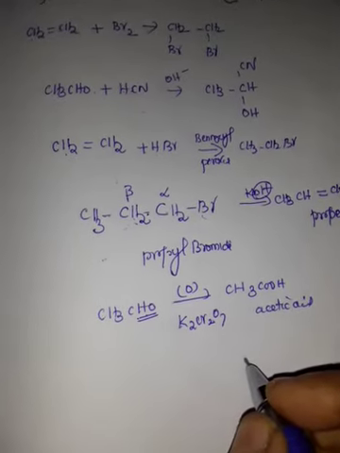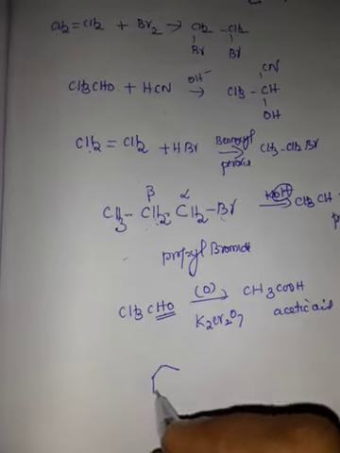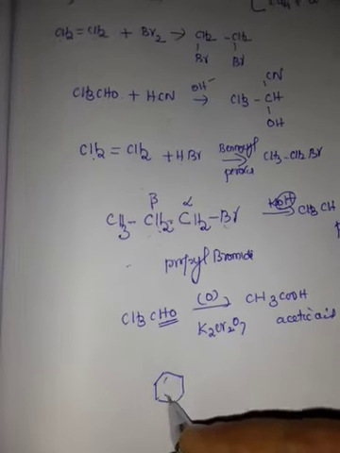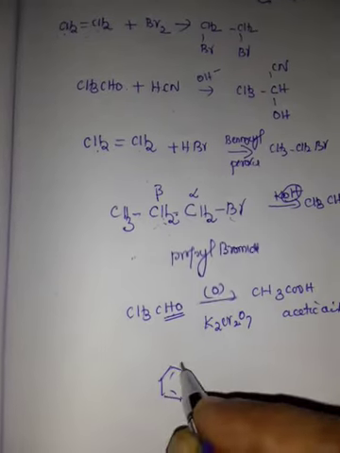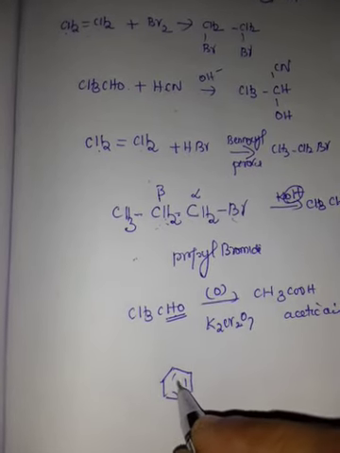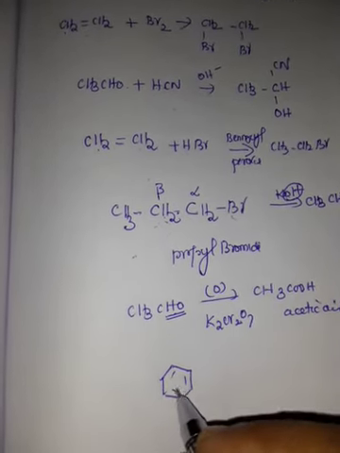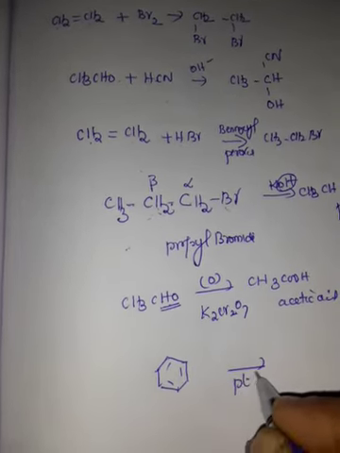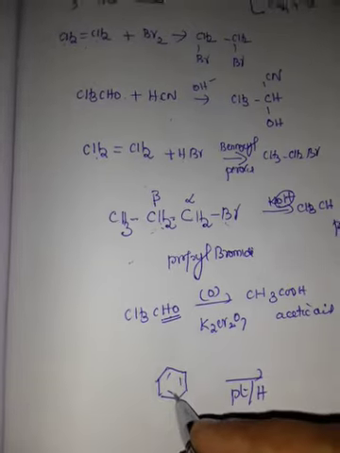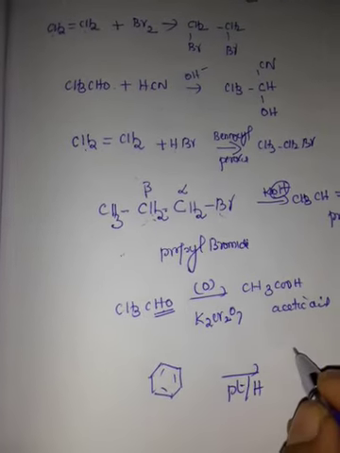This is oxidation. Now reduction. Take benzene, C6H6, with 3 single bonds and 3 double bonds, alternate single and double bonds, reduced in the presence of platinum. 3 hydrogens are added inside, so these double bonds are removed.